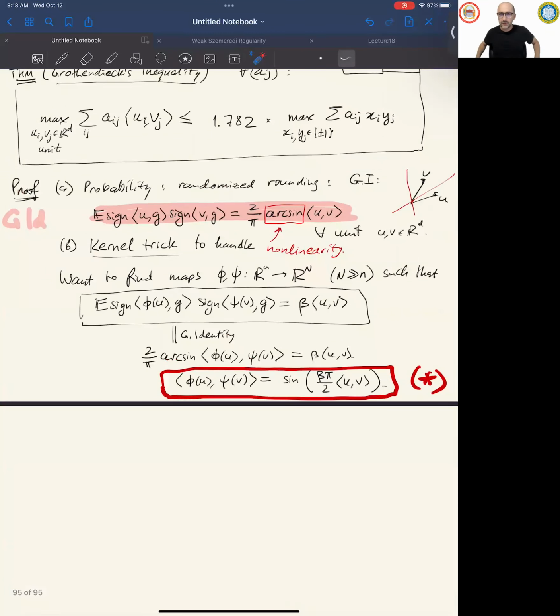So most of this class will be on this idea of the kernel trick, of how to actually make very strange, very arbitrary nonlinearities, not just a sign. And we will proceed in little steps. First, we will make the square: instead of sine, I'll just make UV squared.